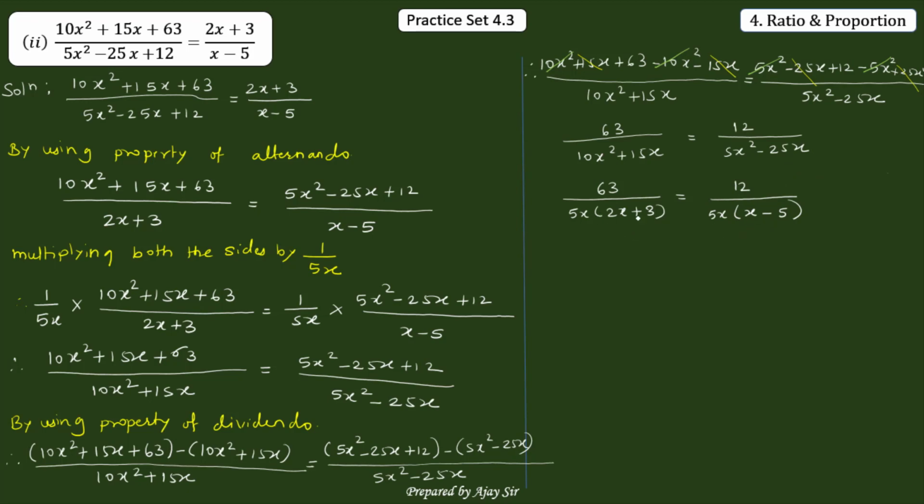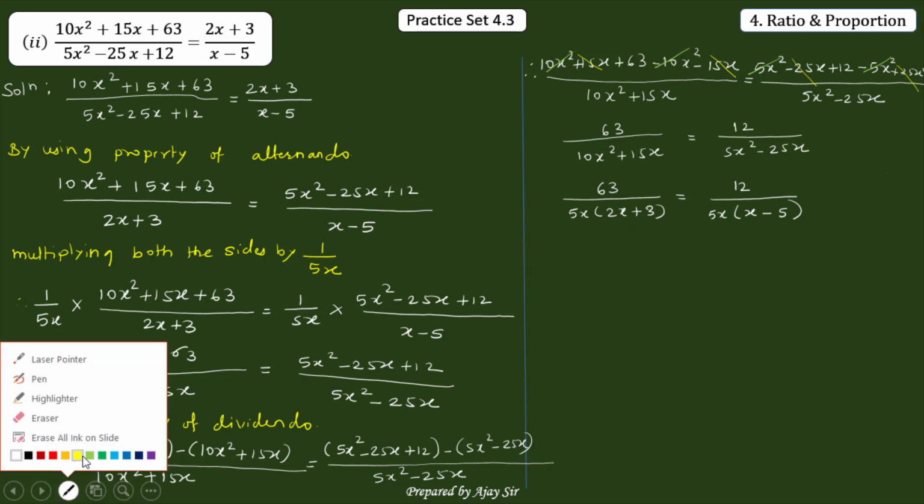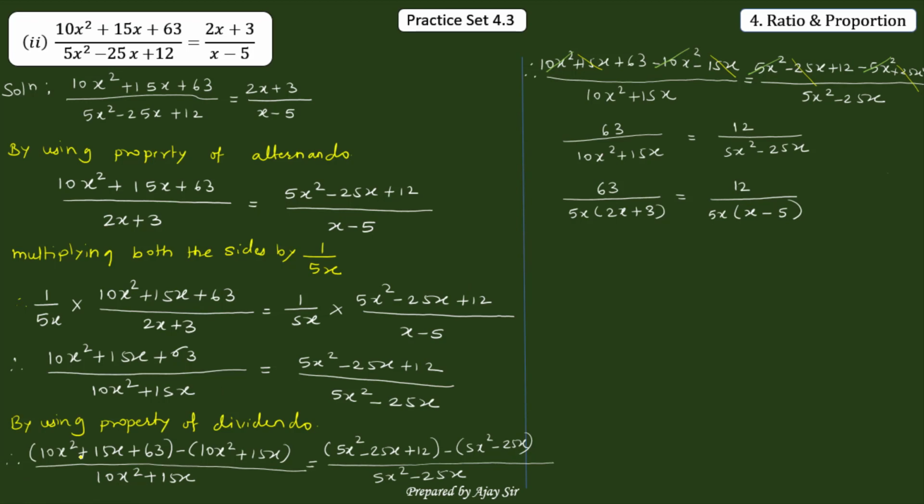So on both sides, if you multiply by 5x, then that 5x will get cancelled.